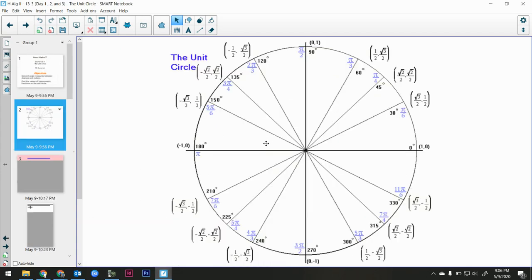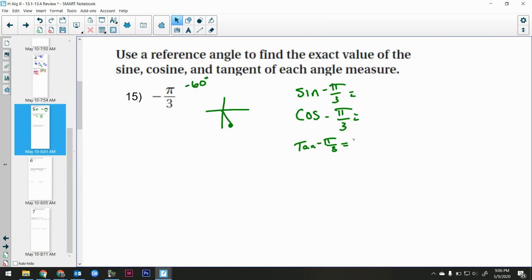This is the one that I provide for you. So negative pi over 3 is right here. So this is the one I'm looking at. Okay. So 1/2 comma negative radical 3 over 2.